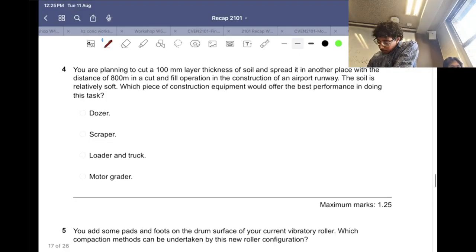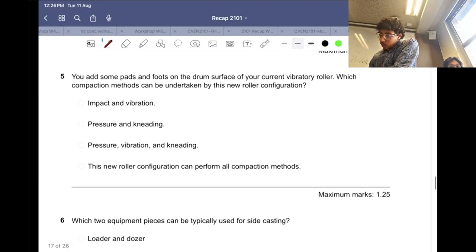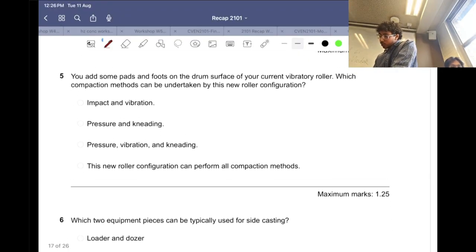Nice. Moving on, you could add some pads and feet to the drum surface of your current vibratory roller. Which compaction methods can be undertaken by this new roller configuration? So you've got pads and feet.